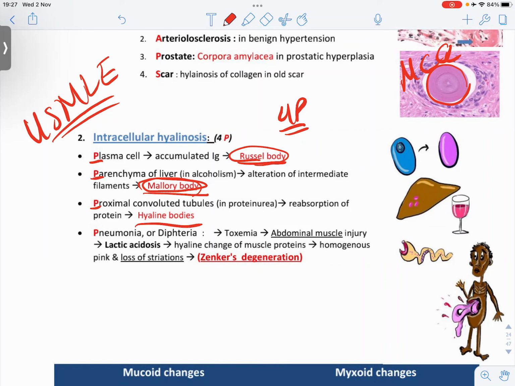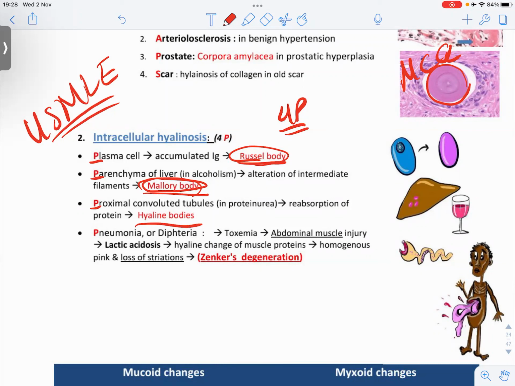The fourth and last P is pneumonia or diphtheria, and they are bacterial infections, and these bacteria release toxins into the blood. And we know that the most important organ inside your body which needs blood is the skeletal system, the skeletal muscles, because you move your skeletal muscle too much.